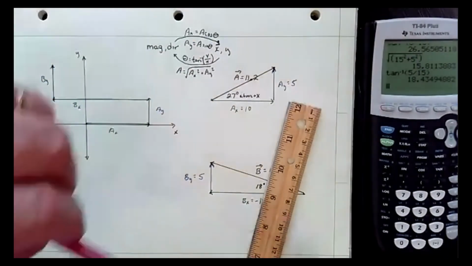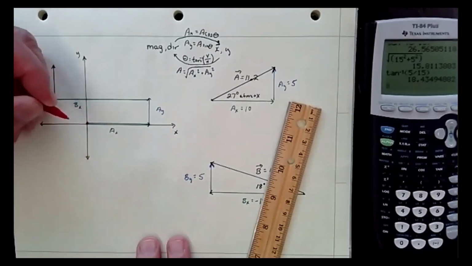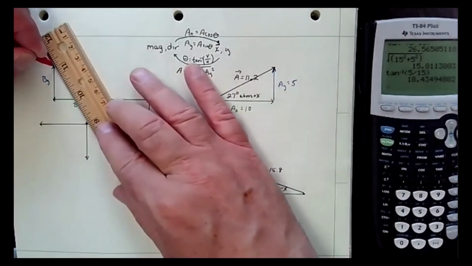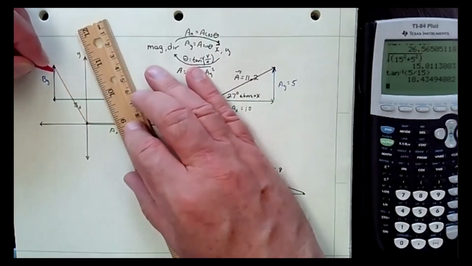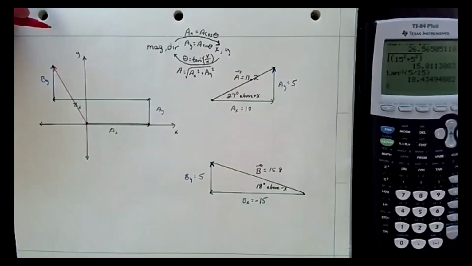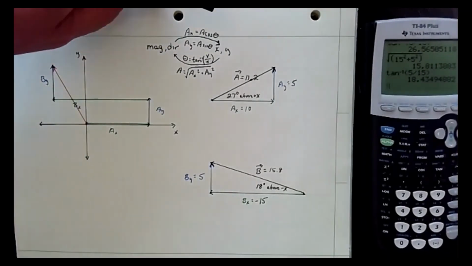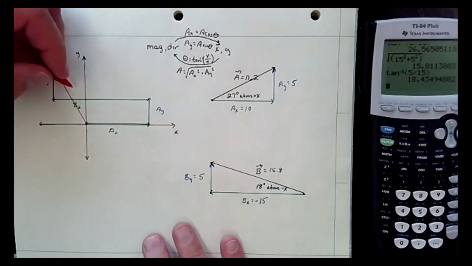So again, to find the sum of these two vectors, I want to start off. I'll do this in a different color just so it stands out a little bit. But here's where I started. This is the origin. And then this is the sum of A plus B, which we'll give a name.